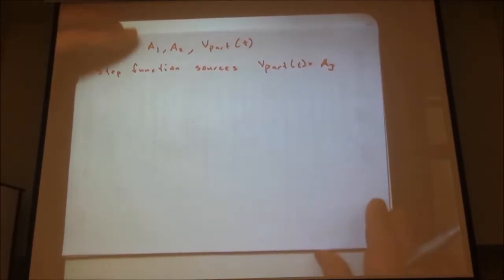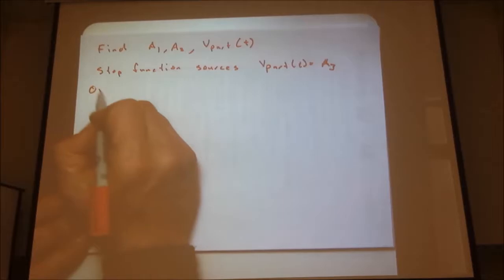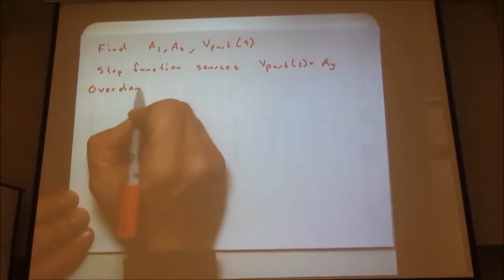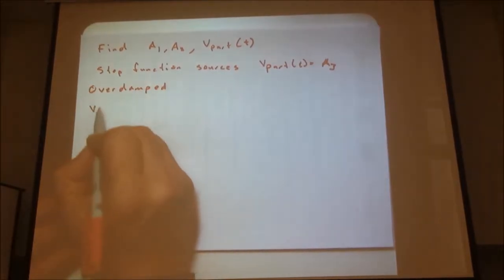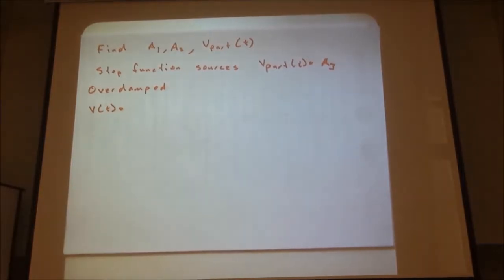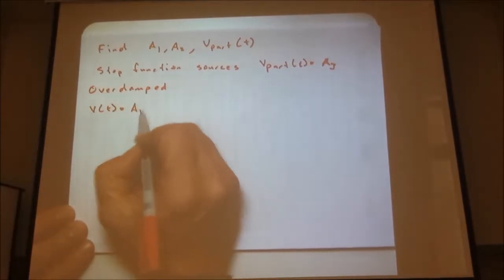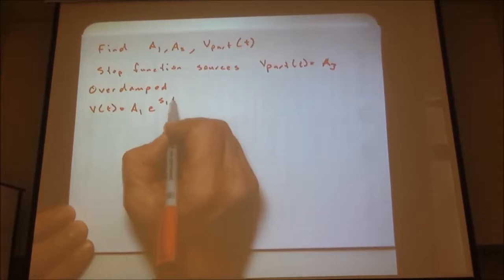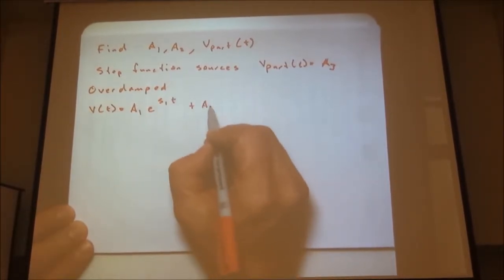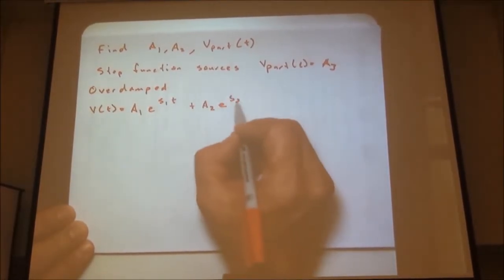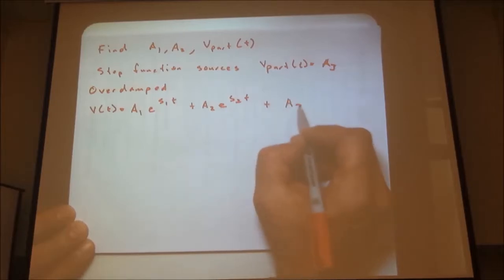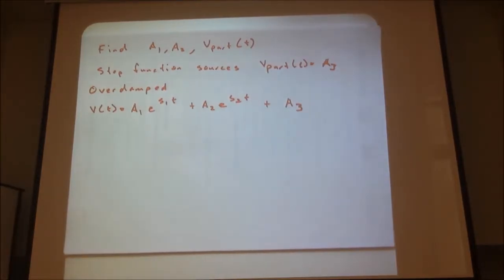And so, let's again look at overdamped. It's a nice starting point, and our solution looks like v of t equals A1 e to the s1 t plus A2 e to the s2 t plus A3. And again, reminder, s1 and s2 are negative.